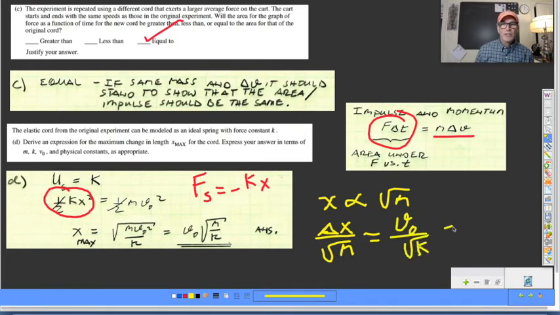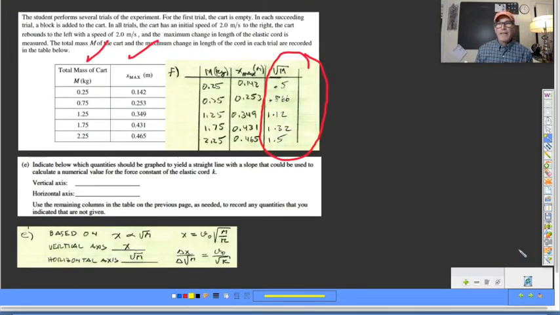So eventually we're going to be solving for k. And with our slope and our initial speed, that should give us a reasonable value for the constant. And here are my choices. It was based on that. I just needed to explain it a little further. Kind of backtrack.